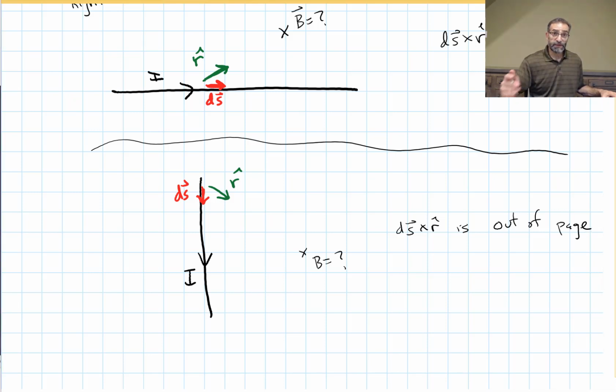Put your fingers in the direction of ds, roll them toward r hat, your thumb points out of the page. Now, using our other technique, we put our right thumb in the direction of the current. Everywhere to the right of this wire, the magnetic field is coming up out of the page. Everywhere to the left of it, it's going down into the page.